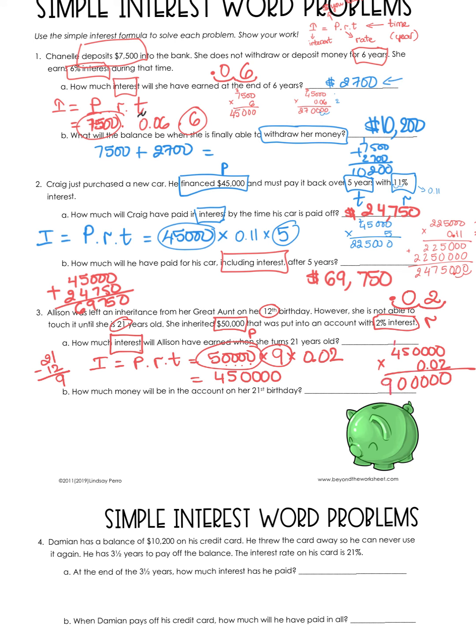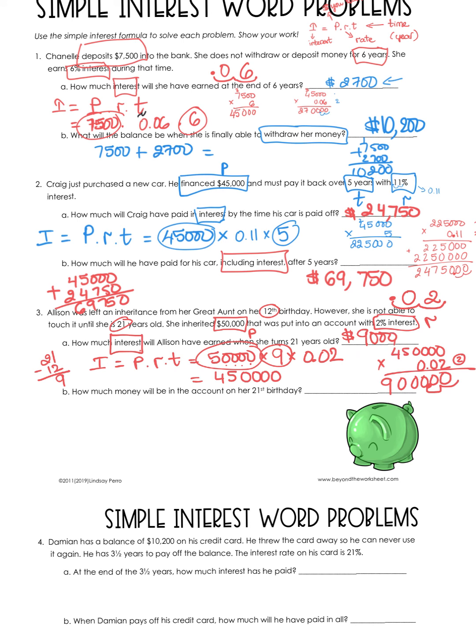Add 1 is 9. And then I have to move 2 decimal places, 1, 2. So the interest that they can earn from $50,000 for 9 years is $9,000.